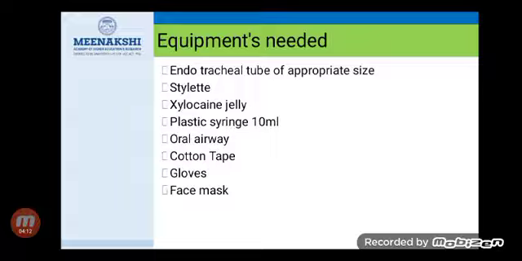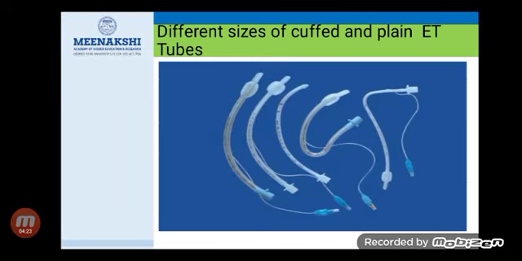Then stylet, xylocaine jelly, plastic syringe 10 ml, oral airway, cotton tape, gloves, face mask. This is a picture showing the different sizes of endotracheal tubes, ET tubes.